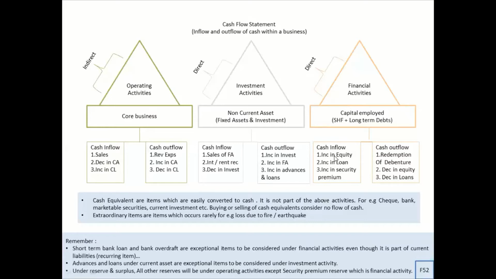But when the company progresses, they increase the price by adding some amount, and you term it securities premium reserve. Even though this amount falls under your reserves and surplus, you should always consider this a financial activity. I hope this slide is very clear.